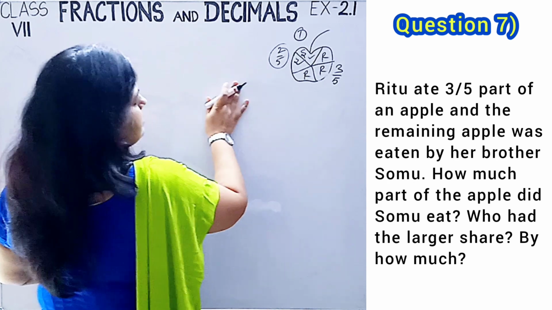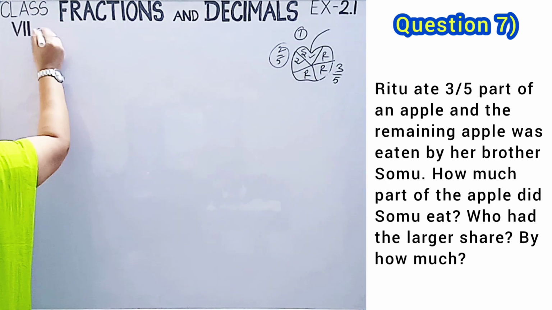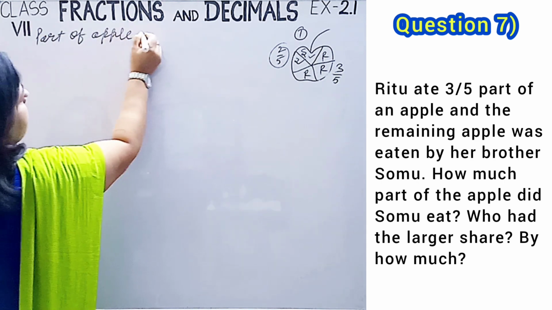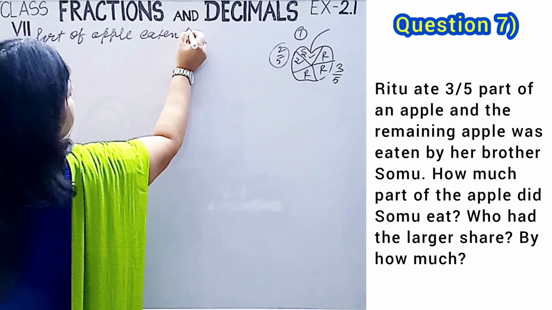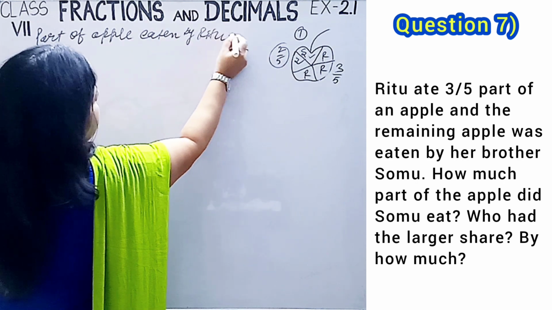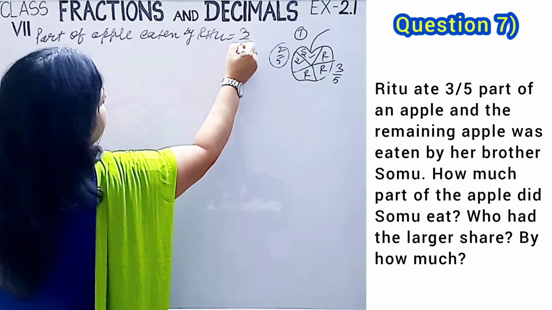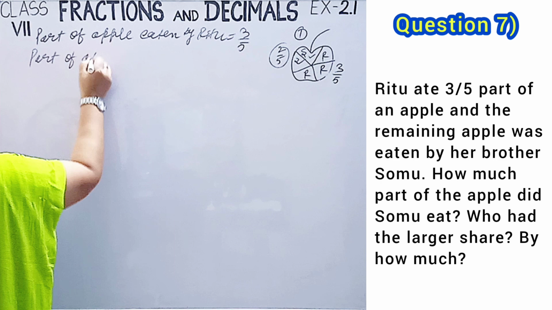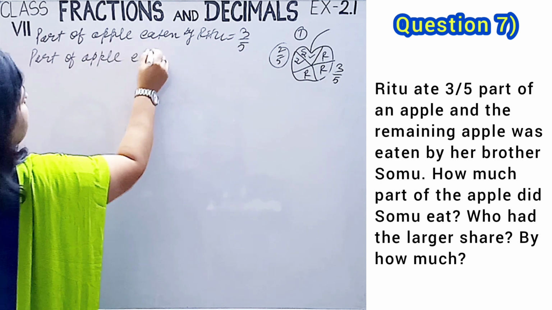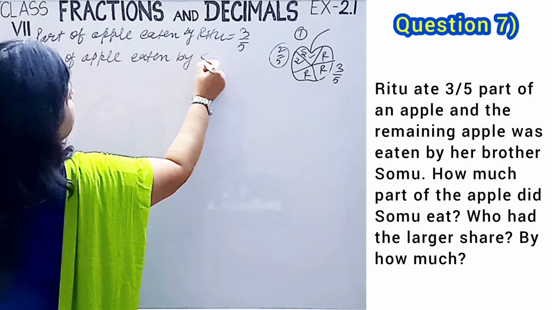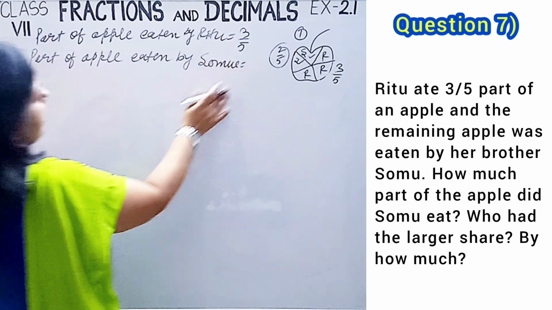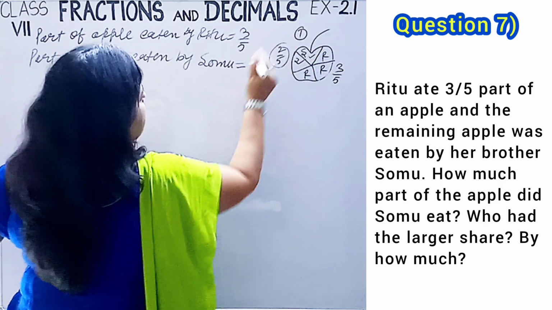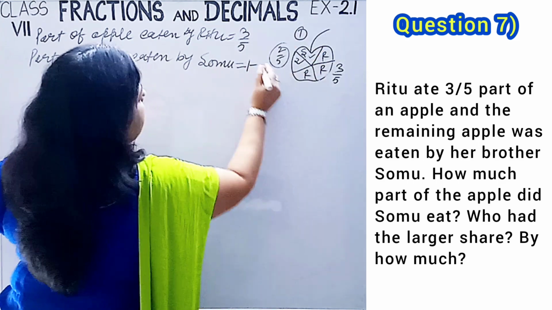So coming to the steps. Part of apple eaten by Ritu: here we have discussed 3 by 5. And part of apple eaten by Somu: here the total is 1 minus 3 by 5.